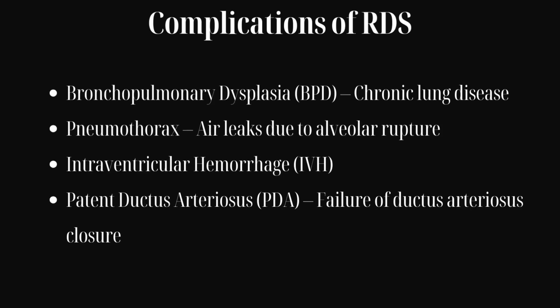Complications of respiratory distress syndrome. RDS can lead to several complications if not managed properly. Bronchopulmonary dysplasia, chronic lung disease due to prolonged mechanical ventilation and oxygen use. Pneumothorax, air leaks due to overdistension of alveoli.